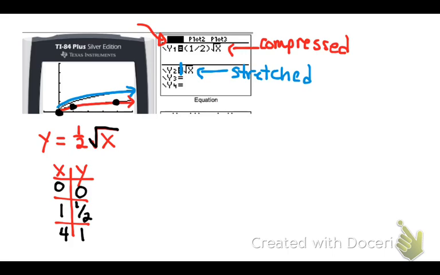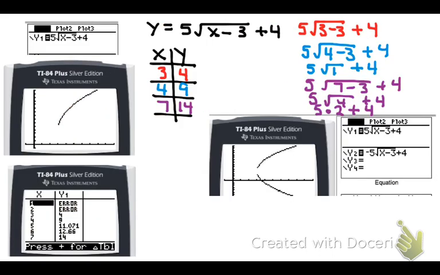So you can see my points on the graph, and they fit quite nicely. We're going to try another. So now we're working with the form y equals a square root of x minus h plus k. And this should look familiar. All right, so first of all, here's my beginning equation, and I used a table of values.